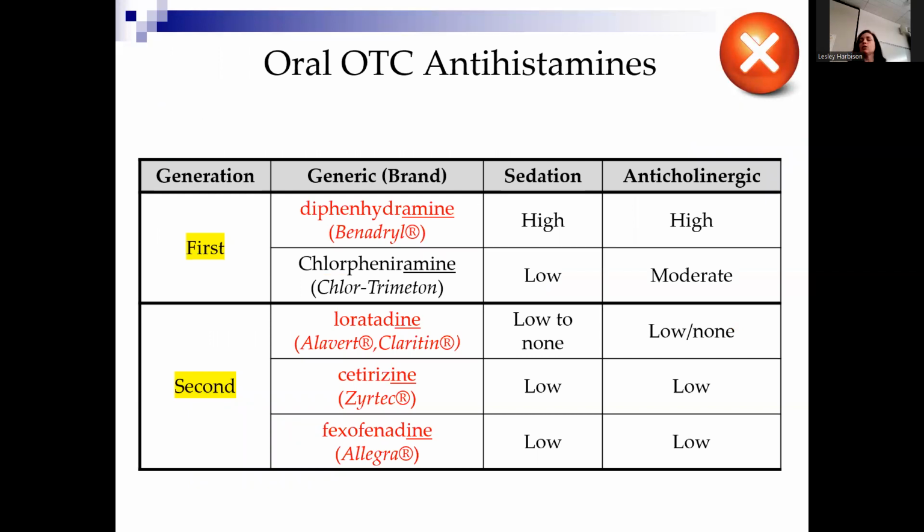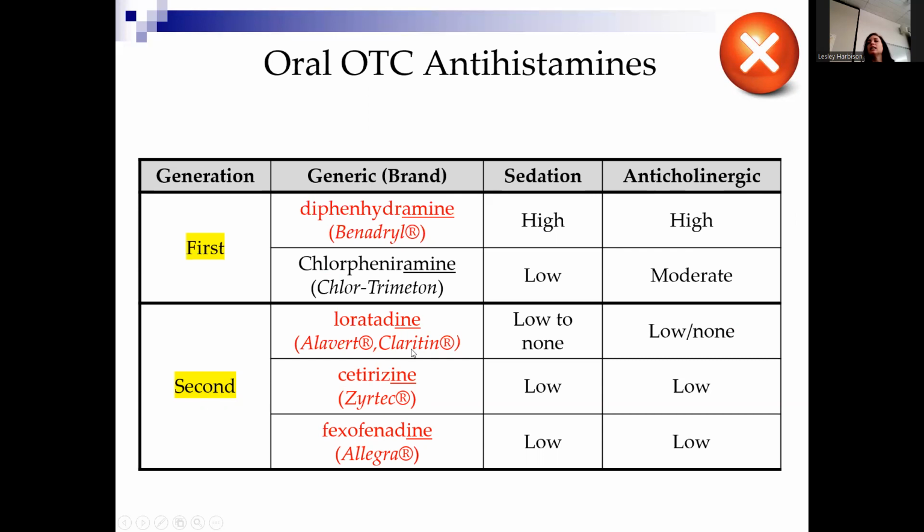So yes, like we said, first generation Benadryl has high sedation and high anticholinergic effects. So dry mouth, it dries you right out, puts you to sleep. Those are undesirable side effects that they were able to mitigate with the second generation: loratadine, cetirizine, and fexofenadine.